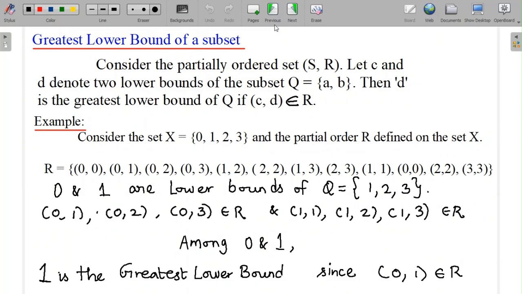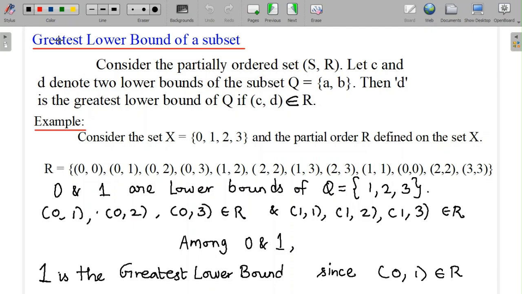Similarly, we have the concept of a greatest lower bound. Once again, the greatest lower bound is defined only when there are at least two lower bounds. If there is only one lower bound, it becomes the greatest lower bound by default. So let's discuss this. There is a partially ordered set S, and let C and D denote two lower bounds of this subset Q. And then we find out which of these is the greatest lower bound by comparing those two lower bounds.